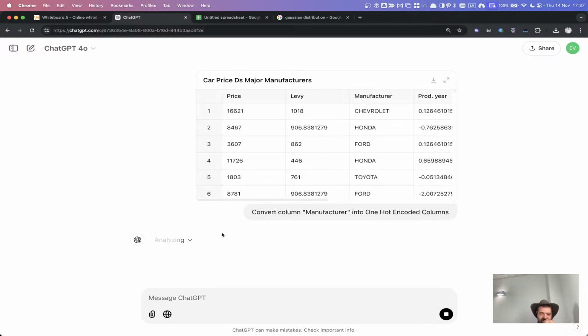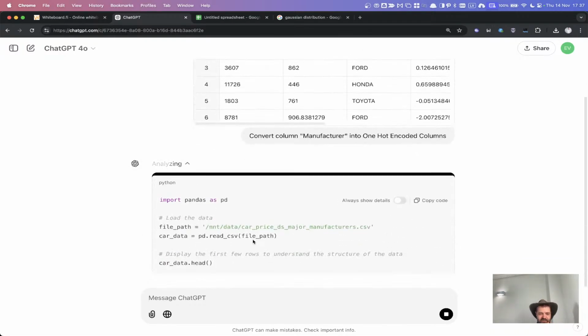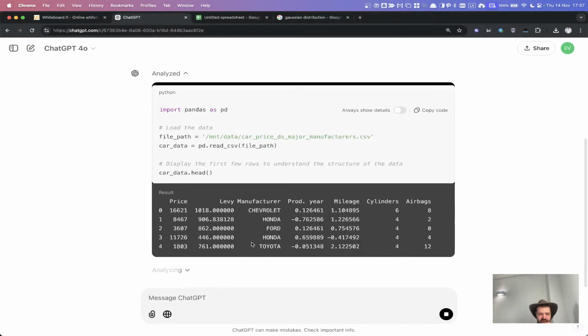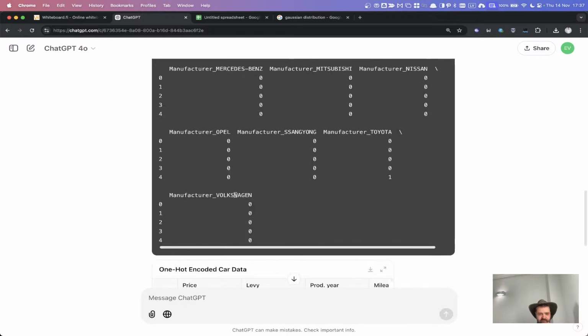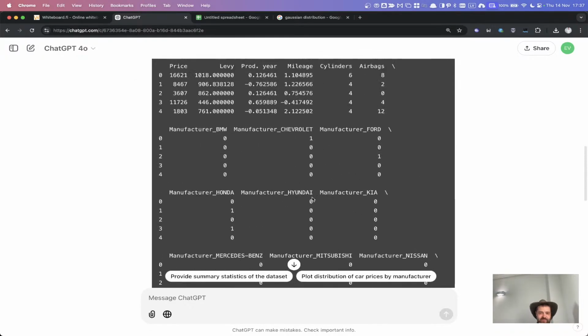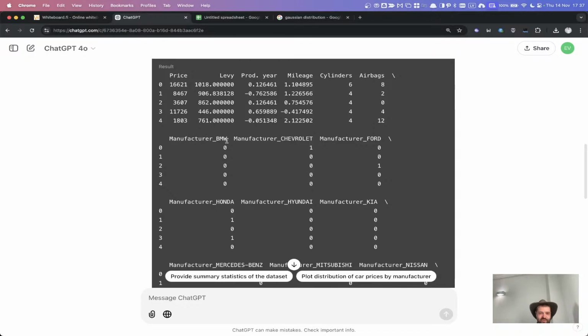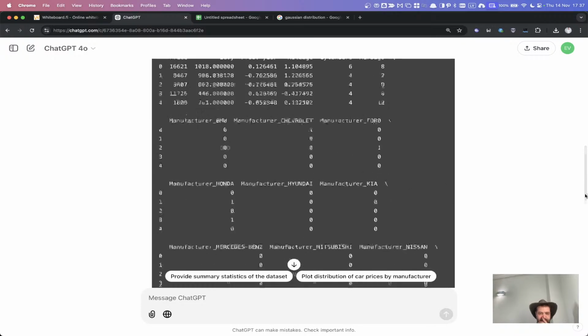We'll see if that works. I believe it should. It's actually quite hard to break GPT for data processing tasks. I have tried. So you already see what it does. See, it creates lots of columns with each of the brands and gives it zeros and ones, okay?